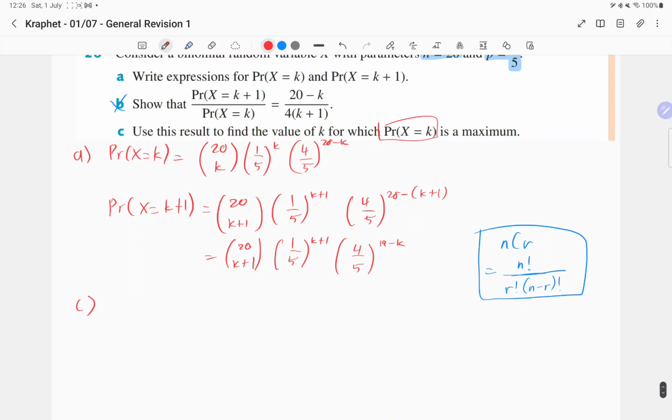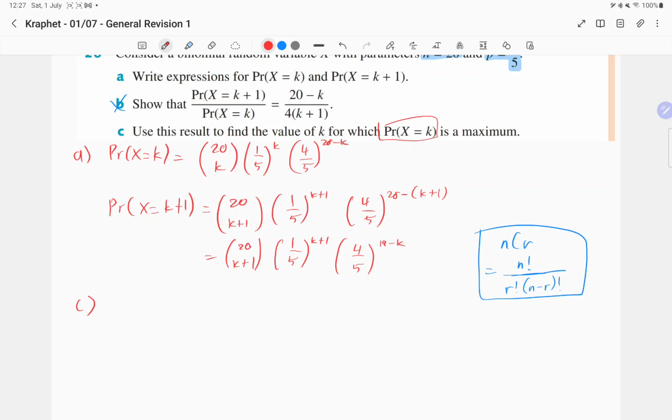Okay, let me see. Find the value of k for which PR x equals k is a maximum. So it will be a maximum when, let me think. This question is a bit tricky. Normally you would derive it.